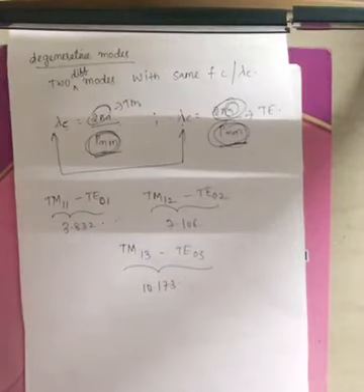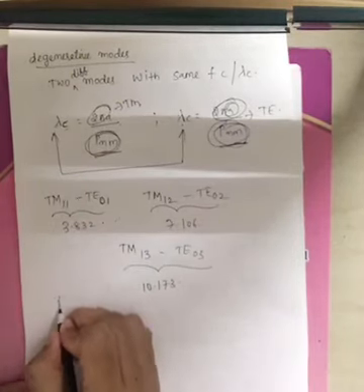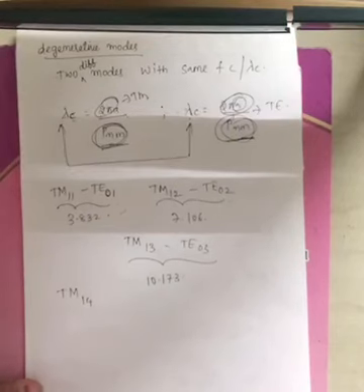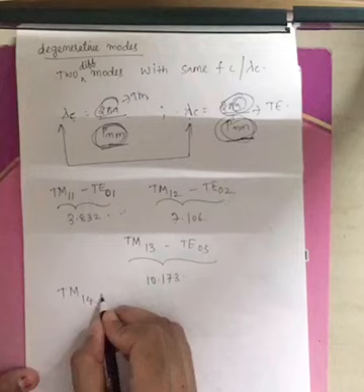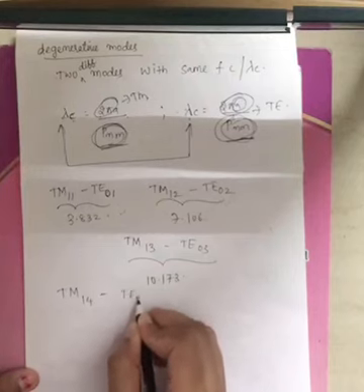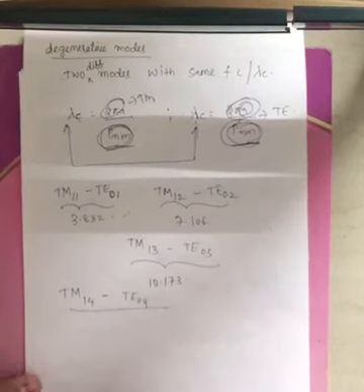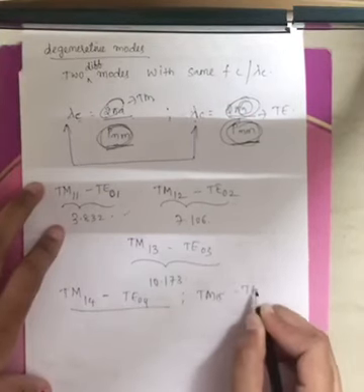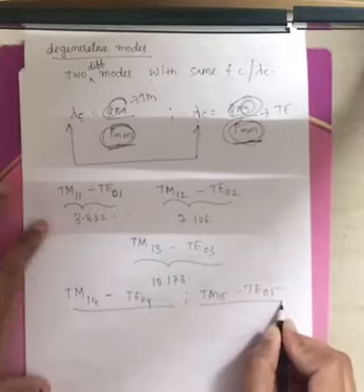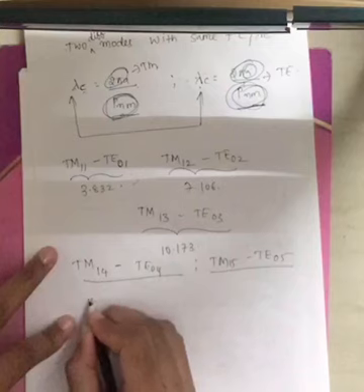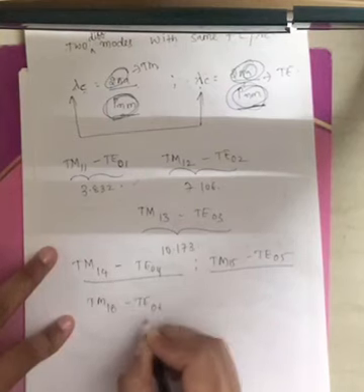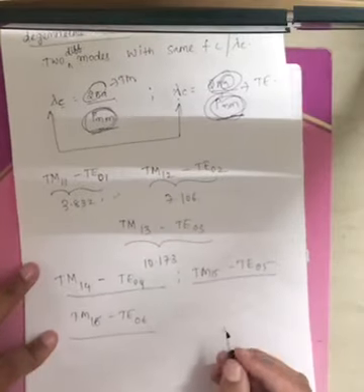Now using this, can you tell me one more degenerative mode? TM14, the roots I have not mentioned, but anyhow it will have the same thing. TM14 and TE04 is also one more degenerative mode, and TM15 and TE05 also, which will have the same root value. TM16 and TE06 will also be a degenerative mode.